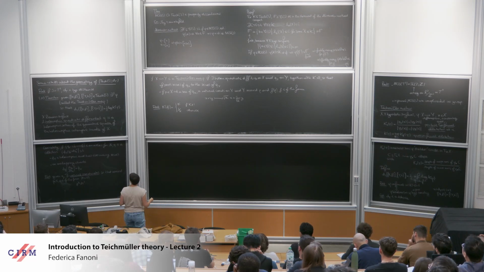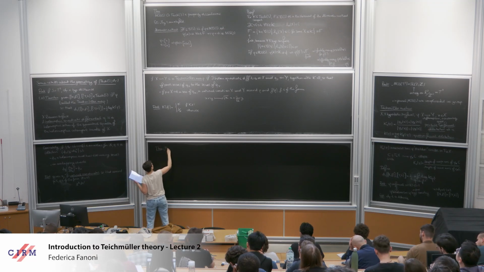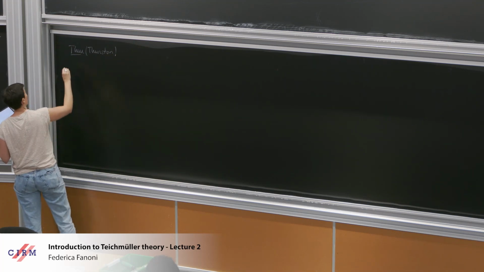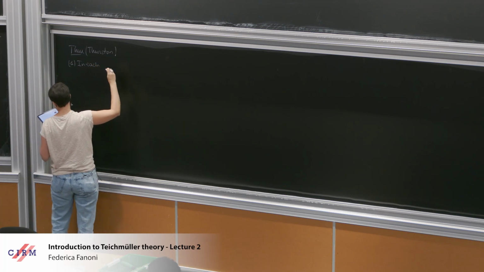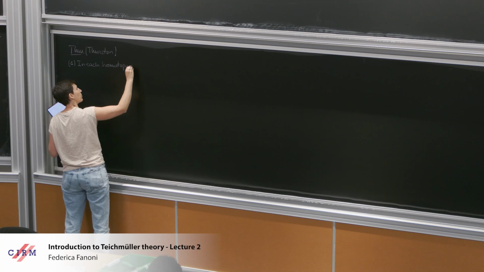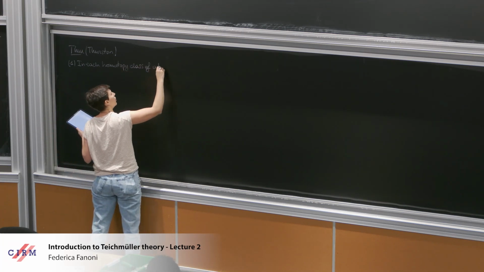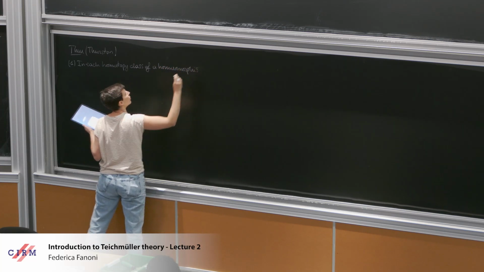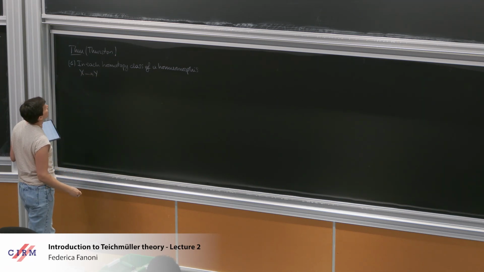Okay, so the theorem that I had stated up there, and that I'm now going to say more precisely, is as follows: in each homotopy class of a homeomorphism between two hyperbolic surfaces there is a Teichmüller map.